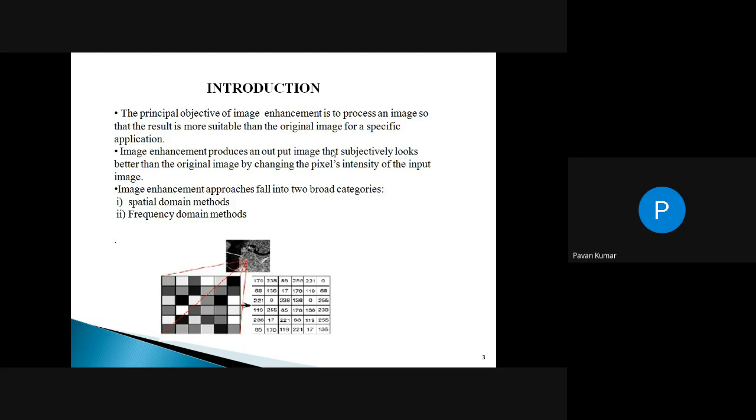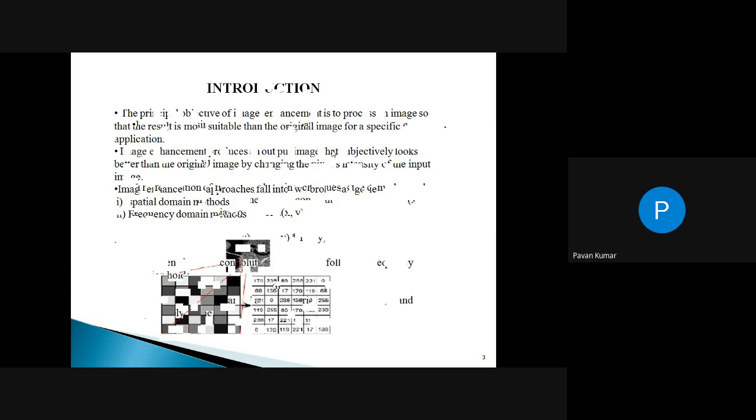That means spatial domain methods operate directly on the image plane and its intensity values, whereas frequency domain methods operate on the frequency coefficients of the intensity values. After converting the spatial information into the frequency domain and applying some filtering methods, we reconvert it into the spatial domain. Like that, the frequency domain works.